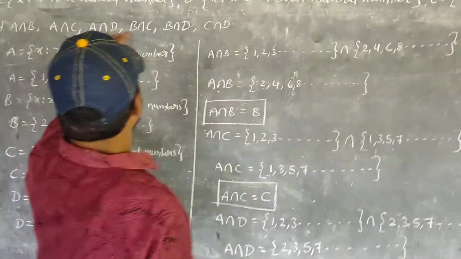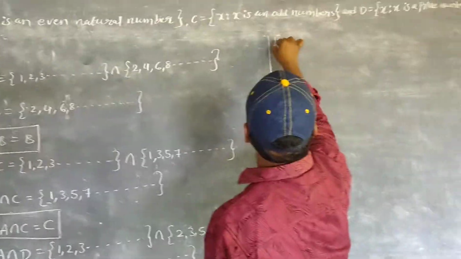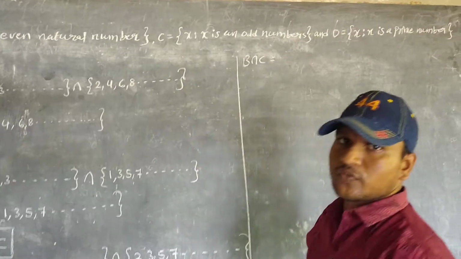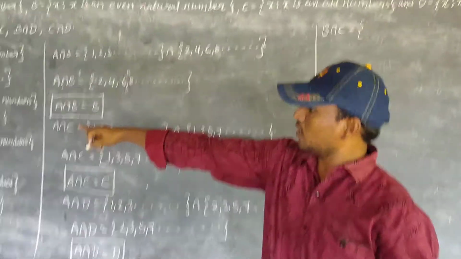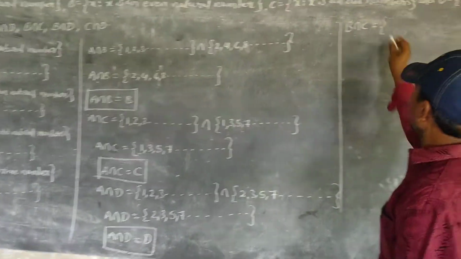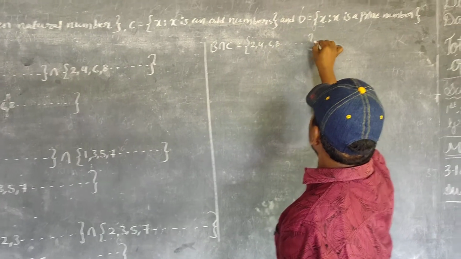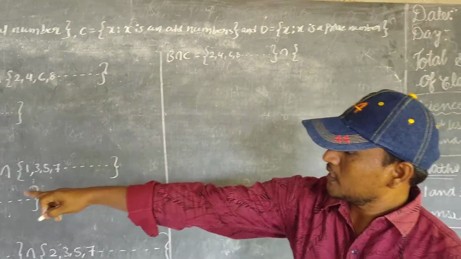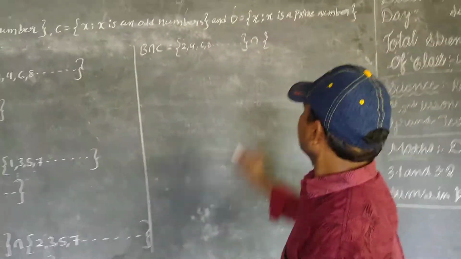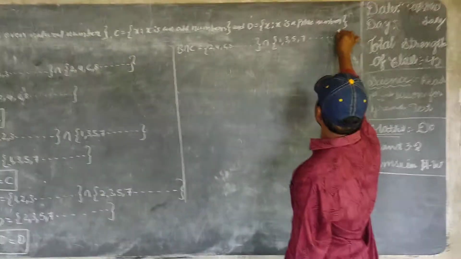Next, find B intersection C. What is B in roster form? The even natural numbers: 2, 4, 6, 8 and so on. Intersection. What is C? Odd natural numbers: 1, 3, 5, 7 and so on.